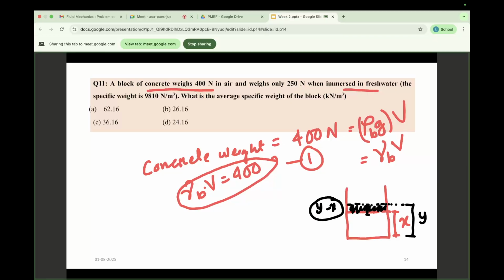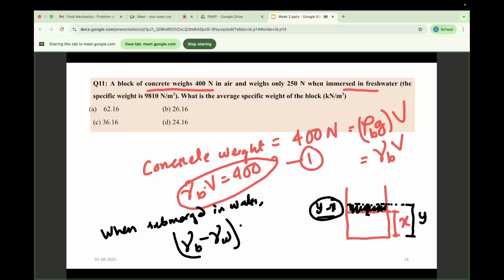Accordingly, this is the volume of the block in the water. The height is known, so you can find the volume, right? That is the concept here. So when submerged in water, its weight should be density of the block minus density of water, into V. Is it clear to everyone?